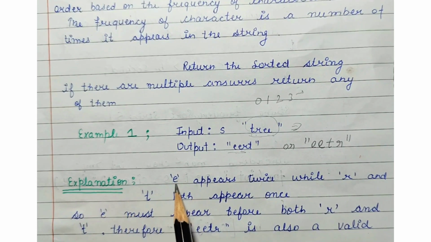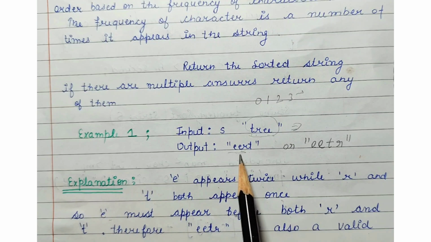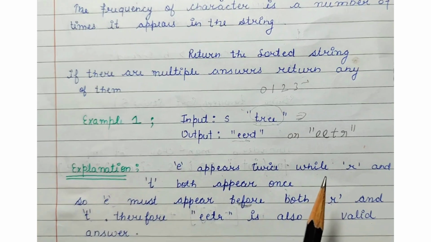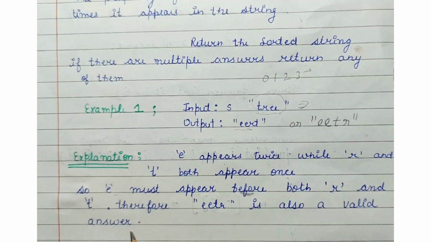So the explanation is, E appears twice while R and T both appear once, so that's why E must appear before both R and T. Because E has a large frequency, we include E first, after this we include R, and after this we include T. So "EETR" is also a valid answer.